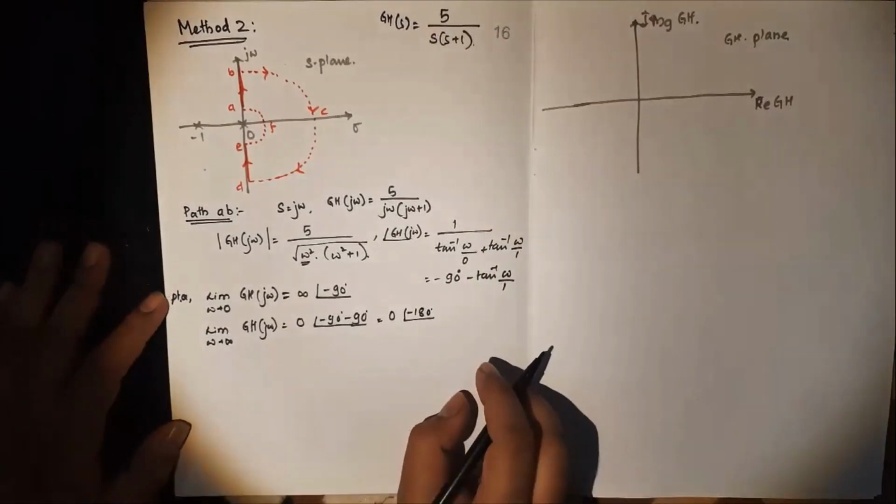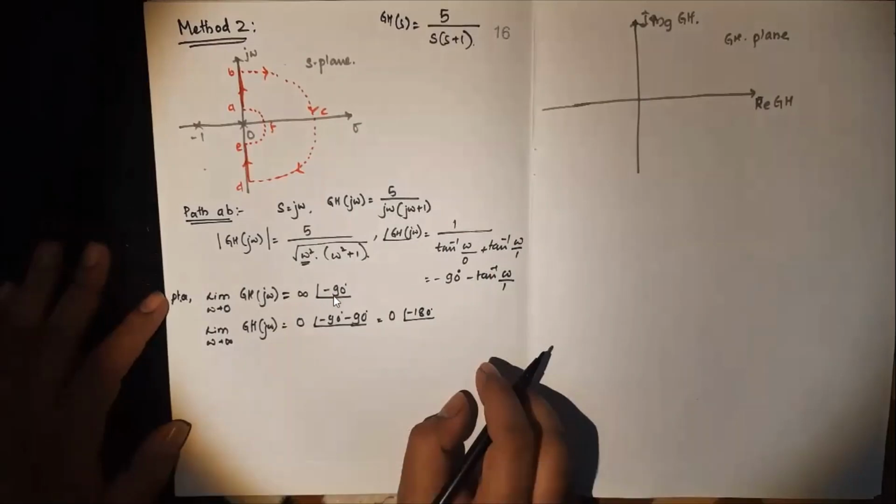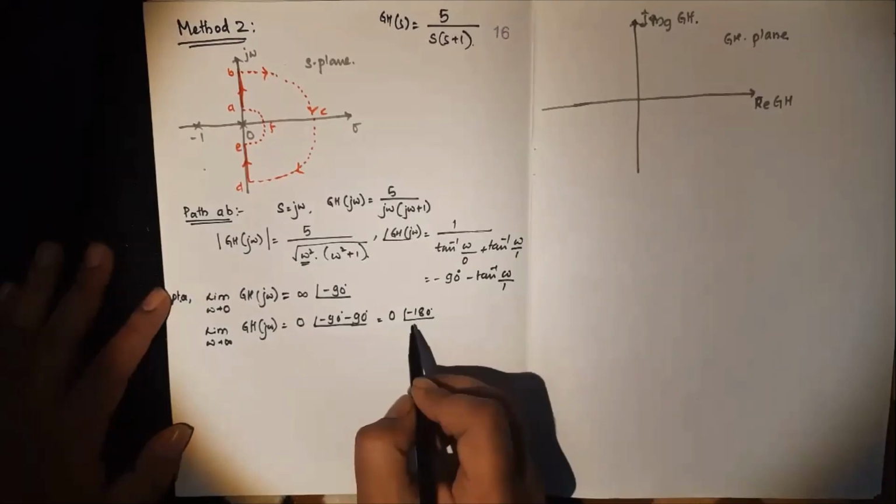This is quite different from the previous numerical. We have initial gain as infinity, starting at an angle of minus 90 degrees, then gain equal to 0, ending at an angle of minus 180 degrees. How do we draw it on the GH plane?